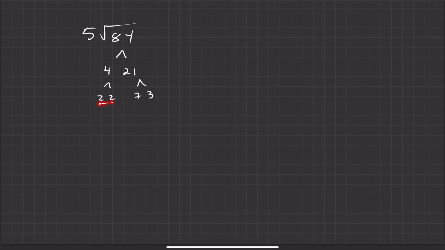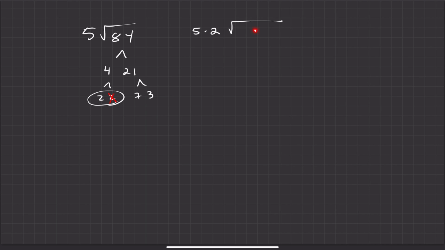Okay? So then here I can circle the pair of 2s, and I'm going to eliminate one and bring out the other one. So this 2 here is going to go outside of the square root. So I have 5 times 2 root.